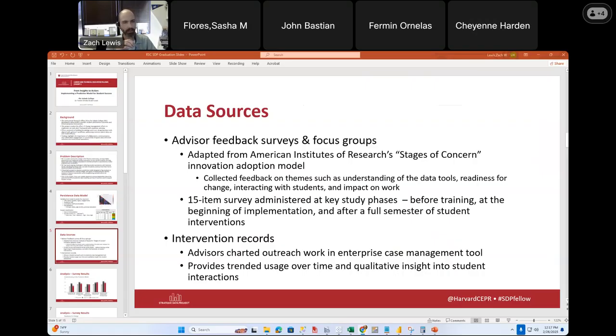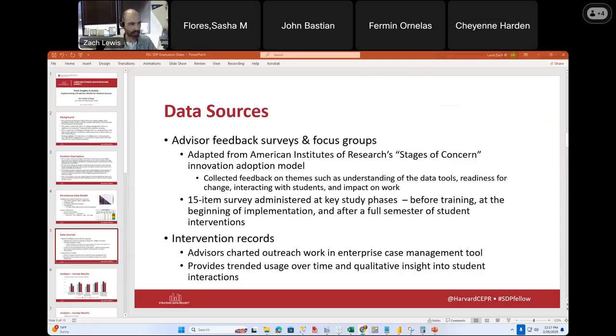So once we decided that we needed to focus on implementation and the change management practice necessary to incorporate this type of information into the day-to-day workflow and operations of the advisors at the college, we devised a couple of different ways to understand the effectiveness of that and whether or not we were making an impact over the duration of our project phase. So there were two things that we looked at.